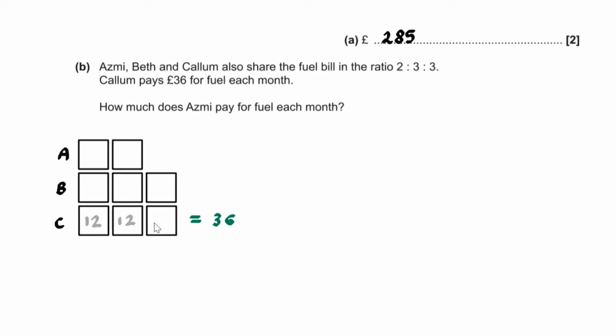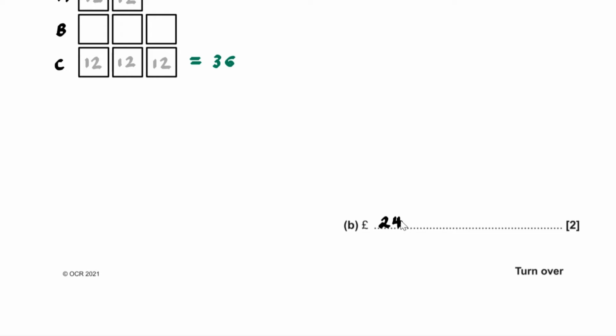So we have 12 for each box, as demonstrated here. And so to find out how much Asmi pays, we have 12 multiplied by 2, which is equal to 24. So we have £24.